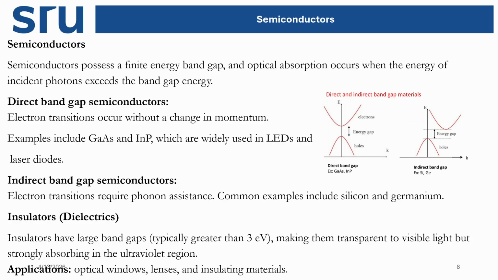More importantly, we'll discuss here one section of materials called semiconductors. Previously we observed that for a metal, the conduction band and valence band are mixed together, so electronic transitions can happen very easily.